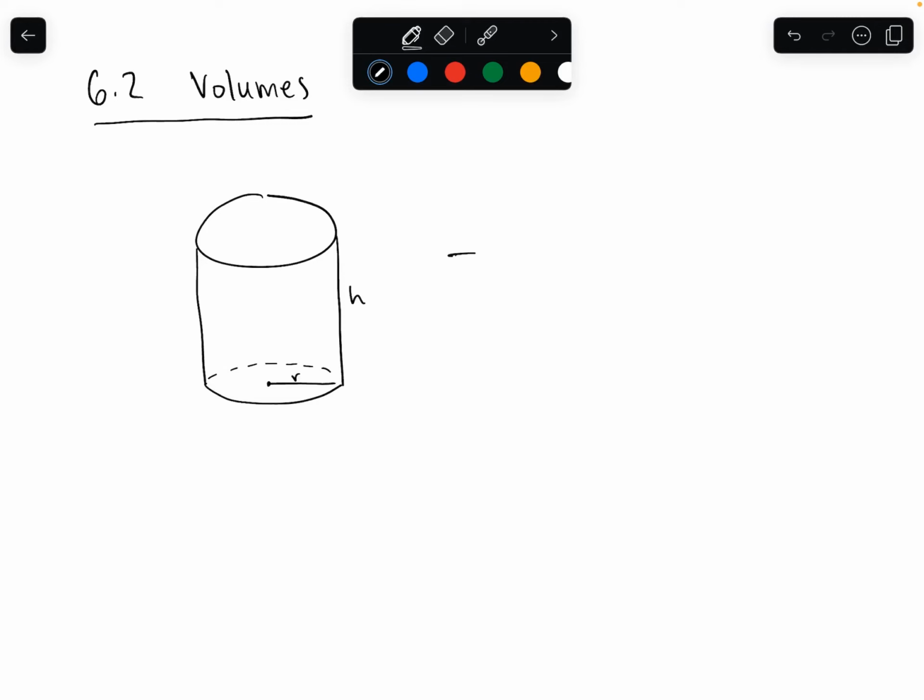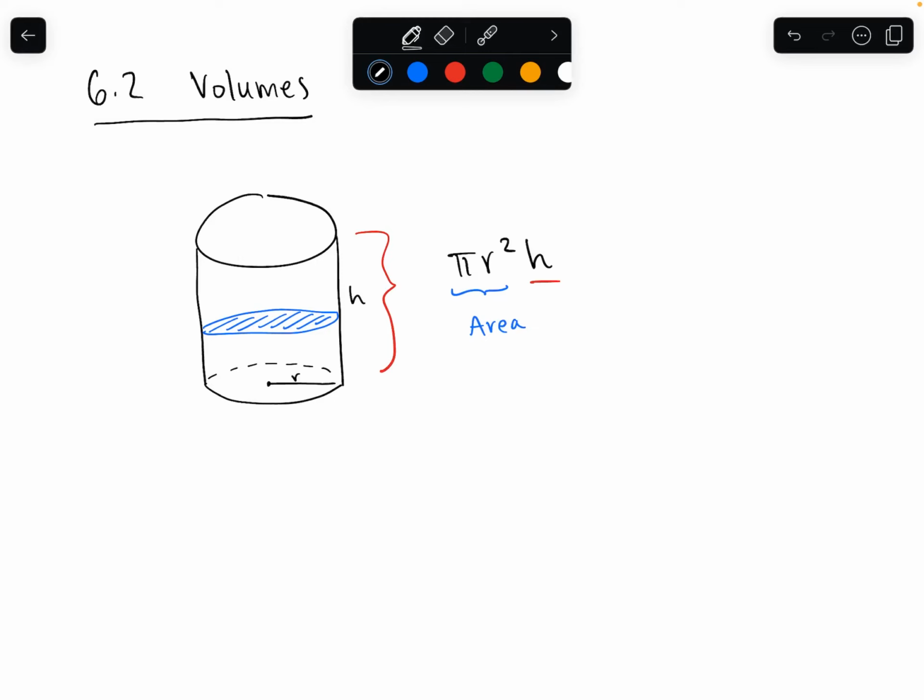In this case, the volume is just pi r squared times h, where this pi r squared here is the area of one of these cross sections of the cylinder, because the cross section is just a circle. And then h is the height of the cylinder.